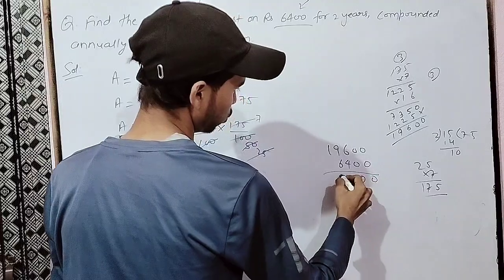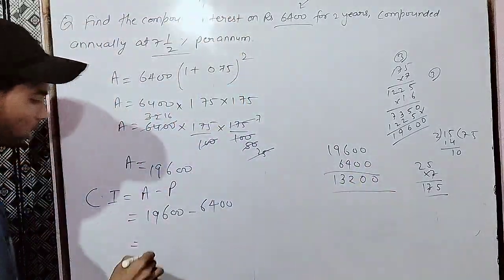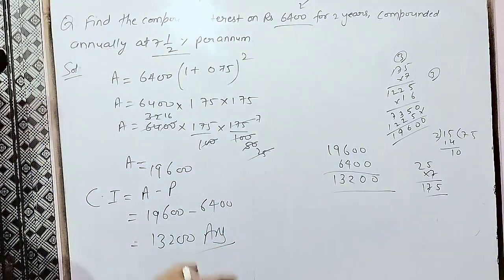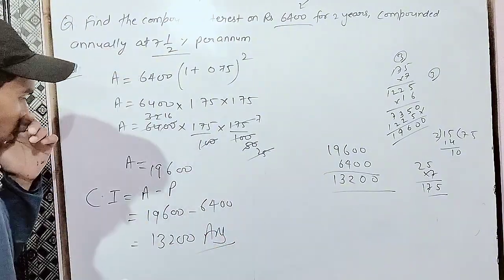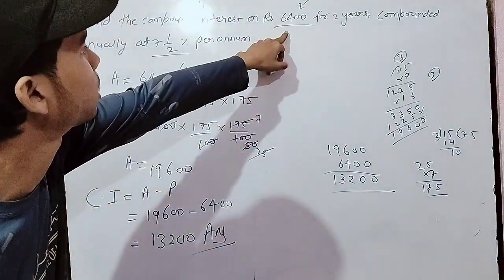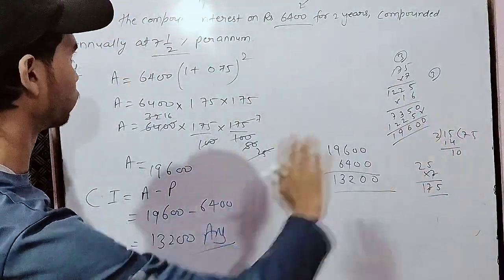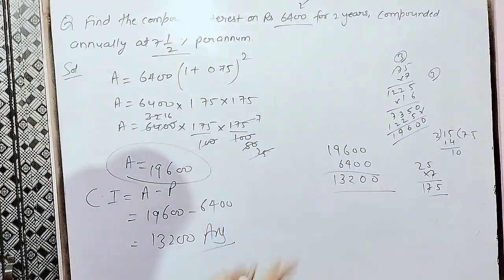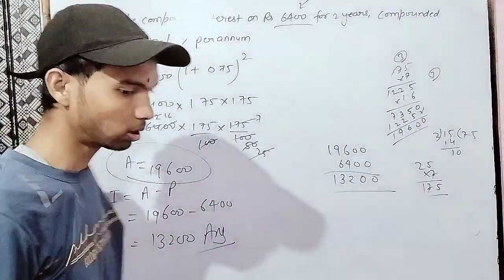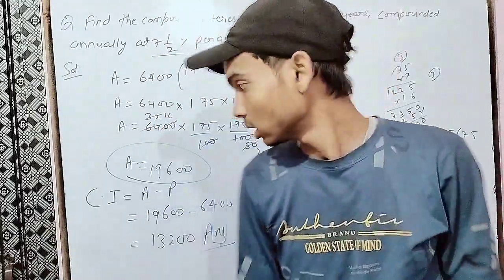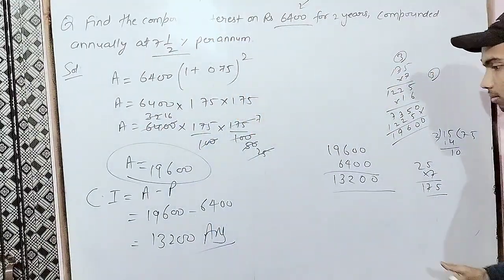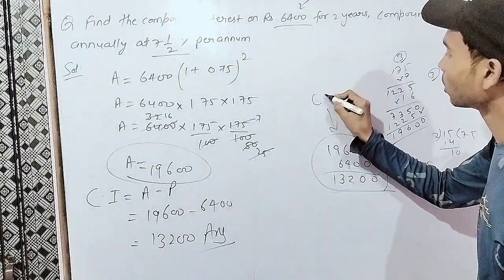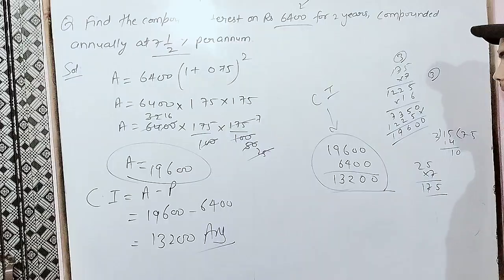This is the compound interest which was applied with this amount for 2 years. So here this is only the compound interest.